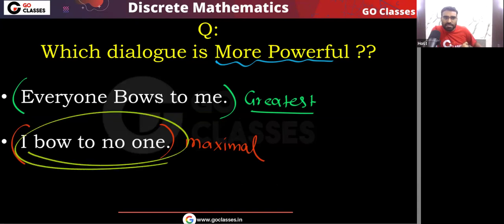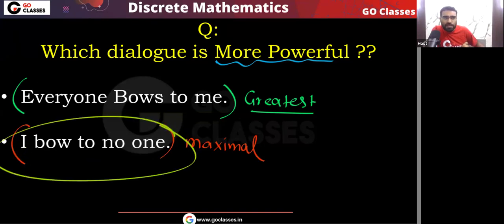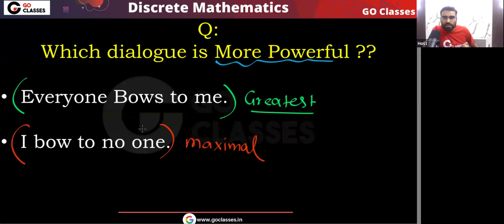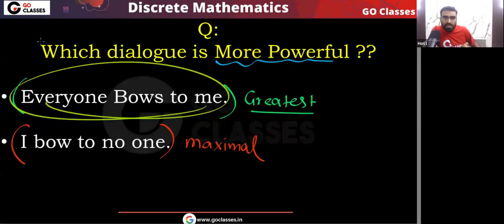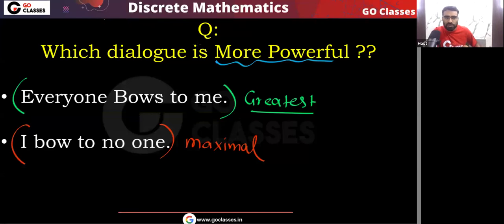Everyone can speak it. But this is very powerful: everyone bows to me. Is this clear? Very simple. Remember, this is like a local gunda type. Okay, local gunda.